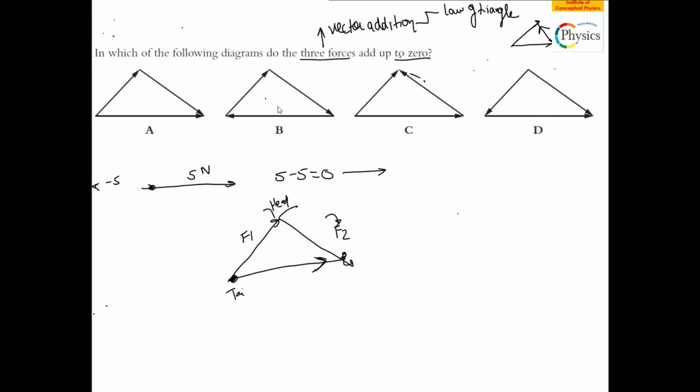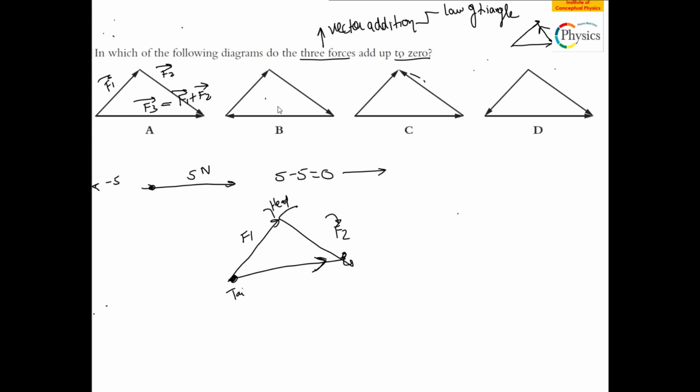If you notice, this is F1 and F2, and if I draw another force like this, this force is more or less F1 plus F2 from the vector algebra. The third side, drawn in a particular manner which I just explained, tail to head and head to tail, gives you the resultant.